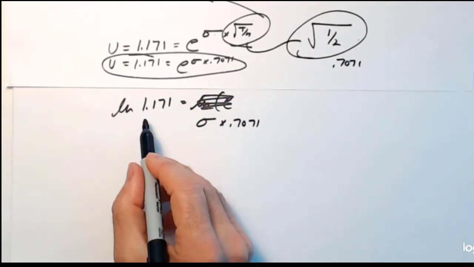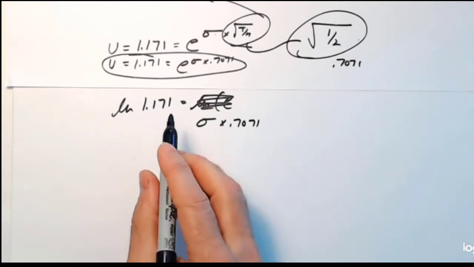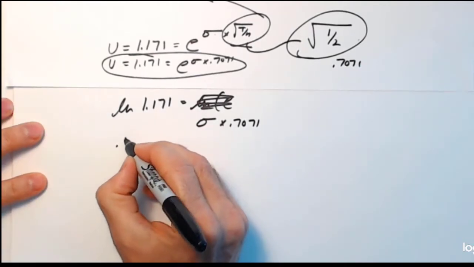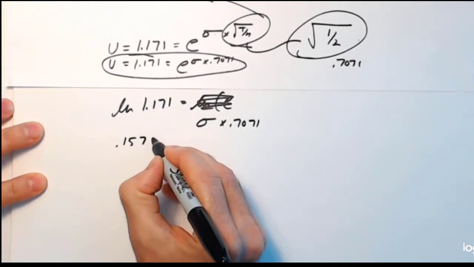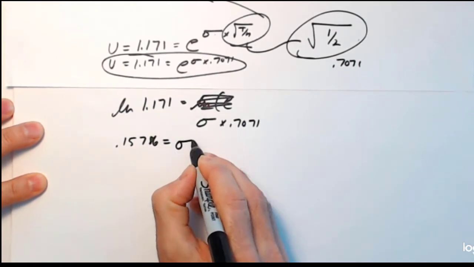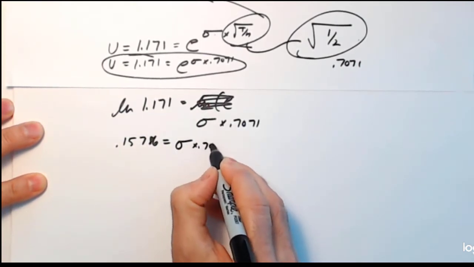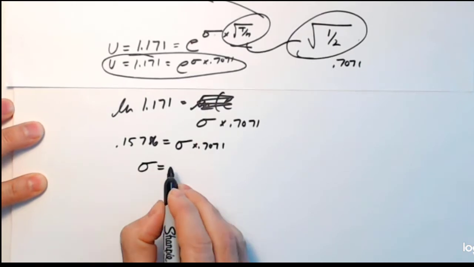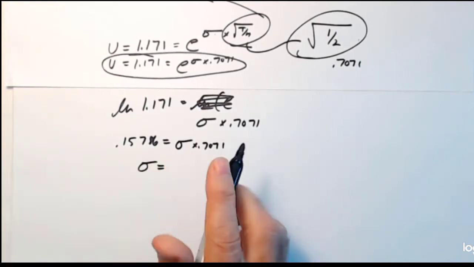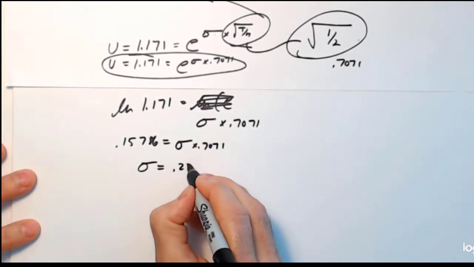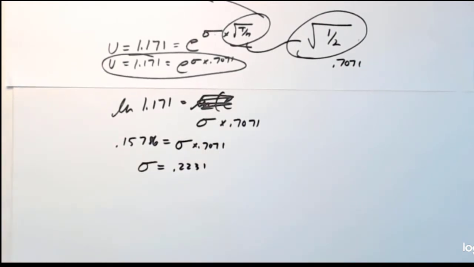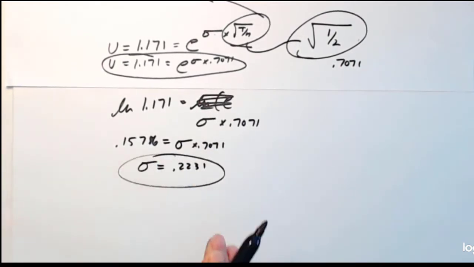So now if you take the logarithm of 1.171, you come up with 0.15786 equals sigma times 0.7071. Solve for sigma like it's an x, and sigma comes out to be 0.2231. Aha! That's the standard deviation of the underlying stock, 22.31%.